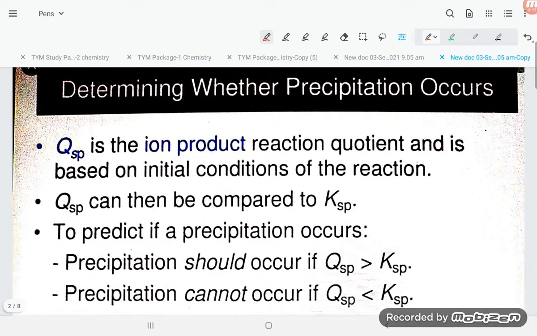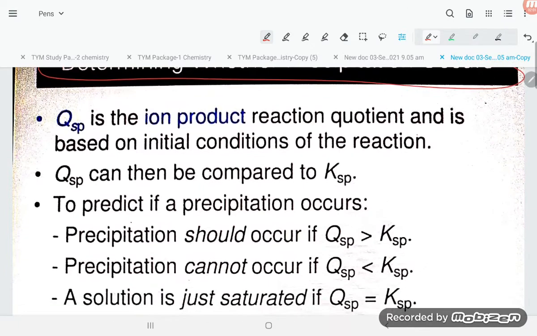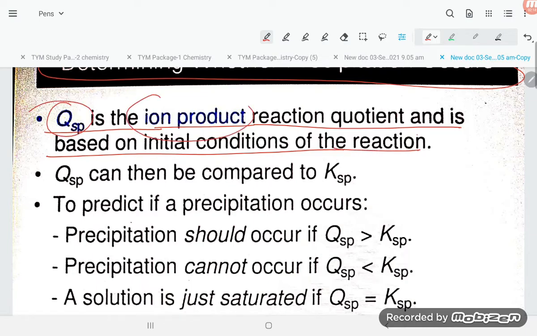Now see how you can determine precipitation. Qsp, the ionic product or reaction quotient, is based on the initial concentration of the reaction. Qsp is then compared to Ksp.